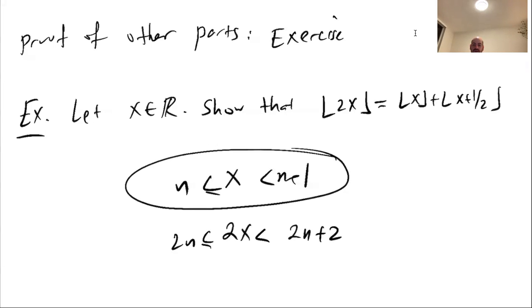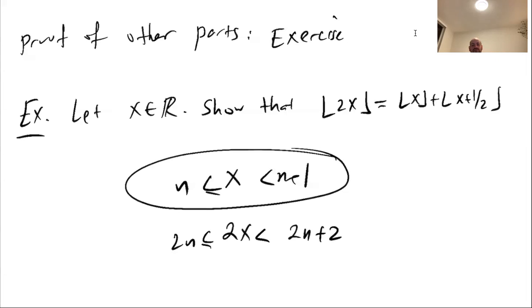It's important that you put x between two consecutive integers. We can call one of them n, then the other one n+1. But when you have 2n and 2n+2, you don't have consecutive integers anymore, right? Because if one of them is 2n, the other one has to be 2n+1, not 2n+2.